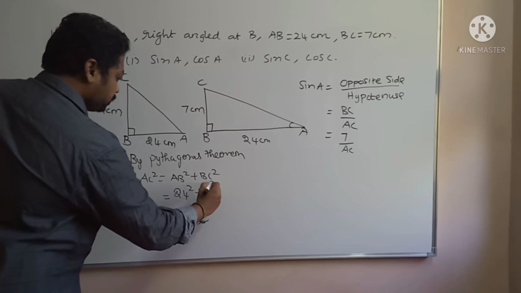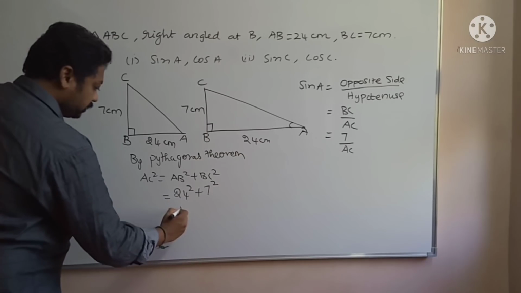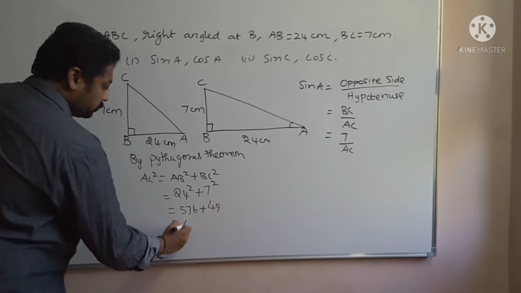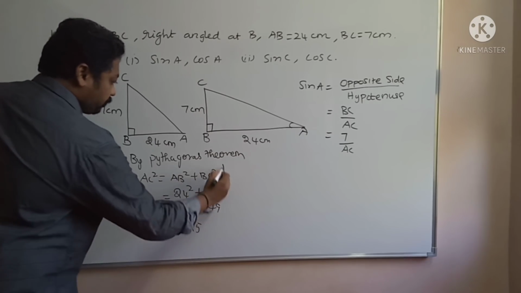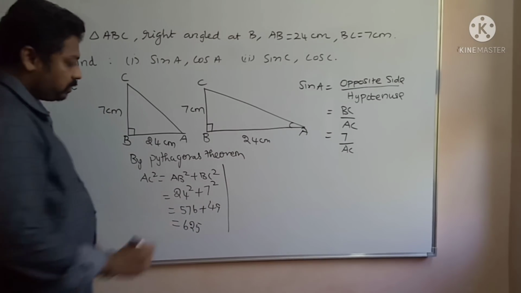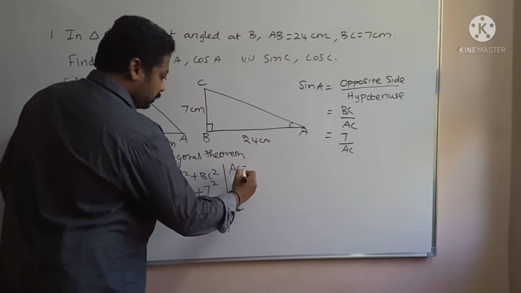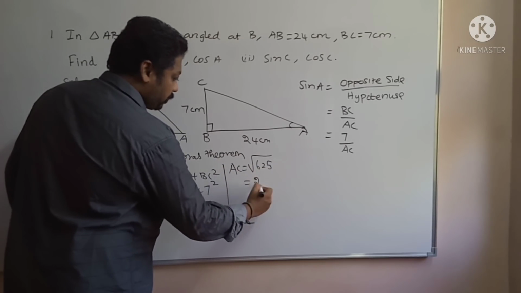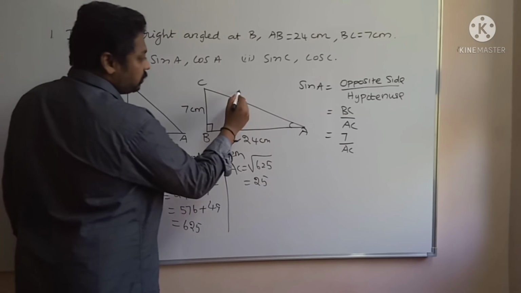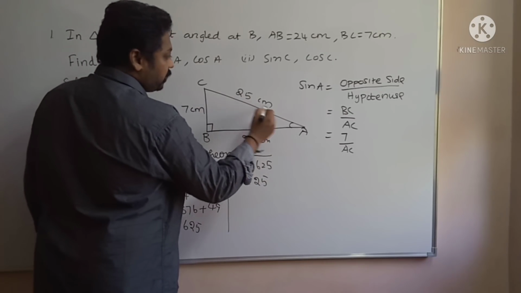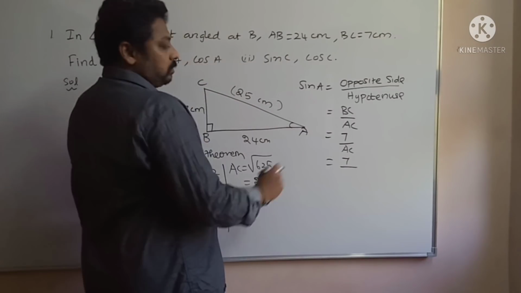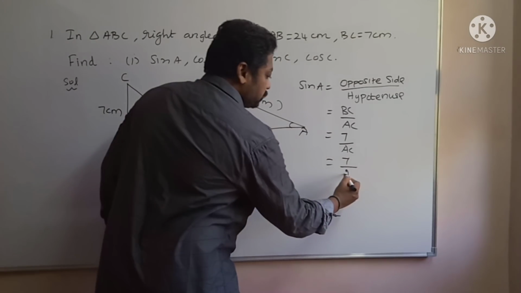BC is 7, so 7 square. 24 square is 576, 7 square is 49, so 625. If AC square is 625, what is AC? AC is square root of 625. Square root of 625 is 25. So AC is 25 centimeter. Here we can replace AC by 25.